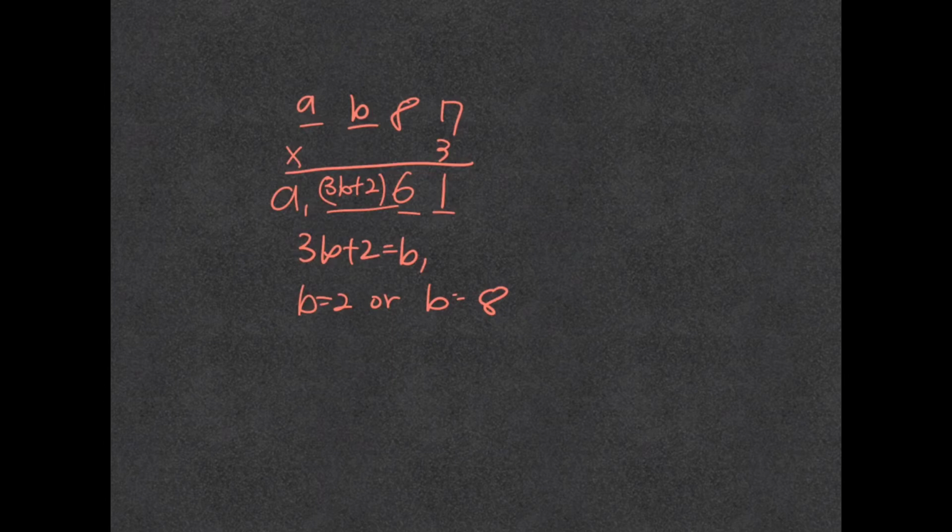So we got 2 digits here, and how are we supposed to decide? So basically, we don't have any choice. We need to try both of them. So, number 1, let's start with B is equal to 2. This is an assumption. A, 2, 8, 7.